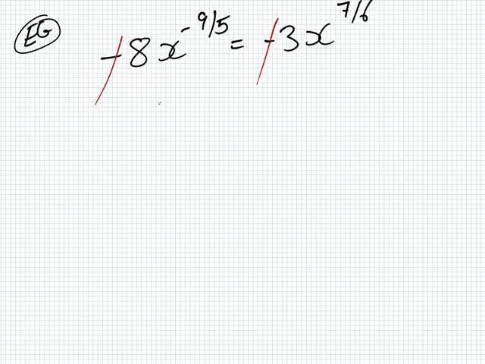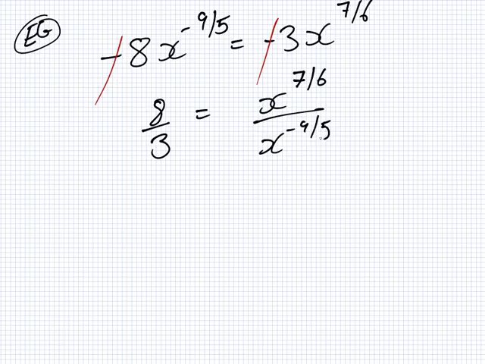Then I'll divide by the 3. So x to the power 7 over 6 over x to the power minus 9 over 5. Can you see what I did? I brought the 3 down on the left and the x down on the right.